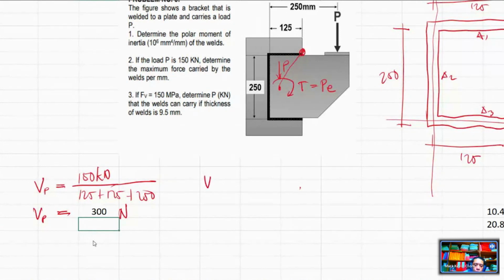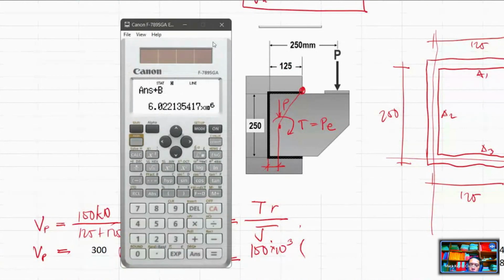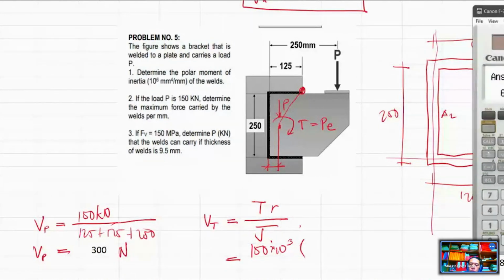Next, the shear stress due to the torque. What is the formula? T times R over J. Your torque is 150 times 10 raised to 3 multiplied by its distance. What is this distance? Let's determine that.